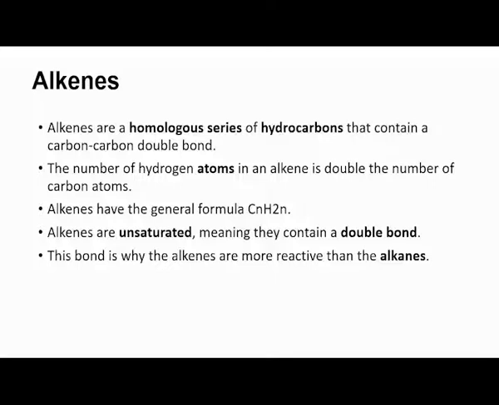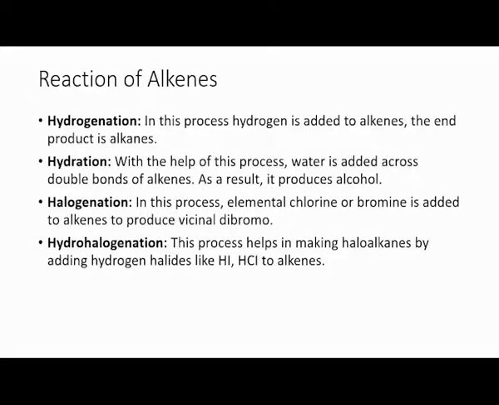Alkenes, the ones that end with ENE, have a double bond between 2 carbon atoms. They are said to be unsaturated. For that reason, they are reactive. Therefore, alkenes can undergo hydrogenation, which is a process by which hydrogen is added to alkenes to form alkanes. Hydration, where you add water to alkenes and they form alcohol.